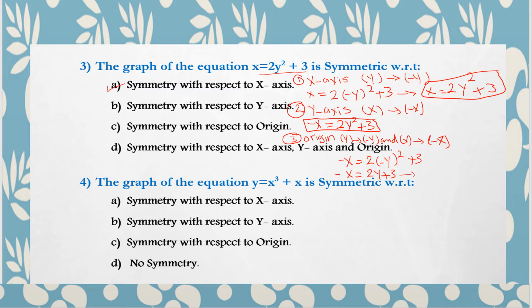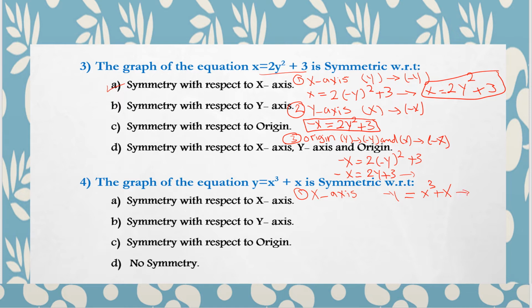Question 4. The graph of the equation y equals x power 3 plus x is symmetric with respect to. First, let's test the x-axis, and this by replacing the value of y with negative y. So negative y equals x power 3 plus x, but we only need the value of y, not negative y.